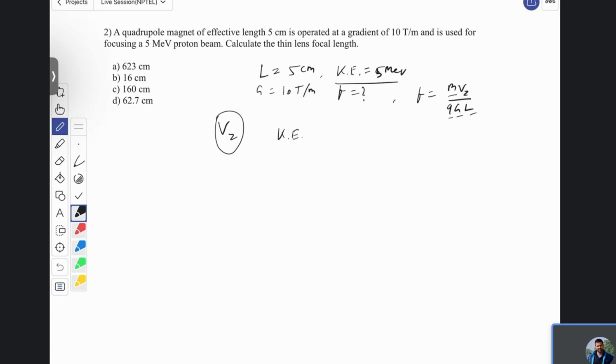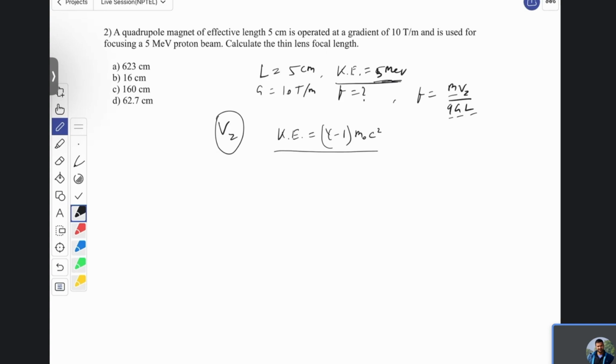So we know that relativistically, kinetic energy is (gamma minus 1) m naught c squared, right? Because this is a relativistic kinetic energy, it's very high, so we have to use the relativistic formula.